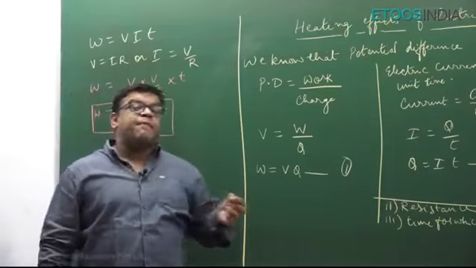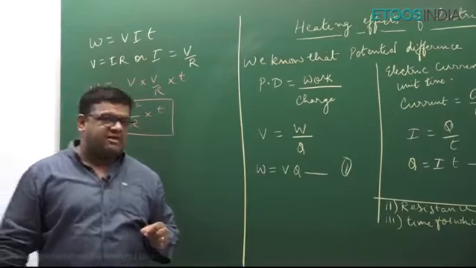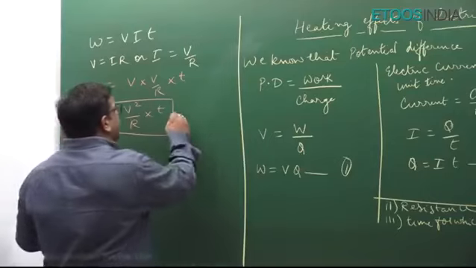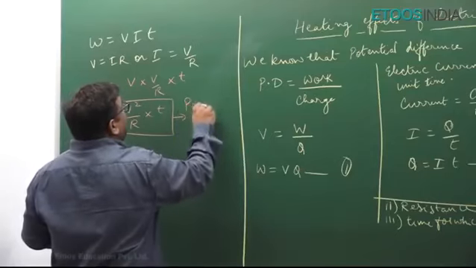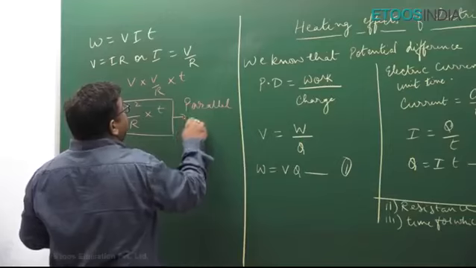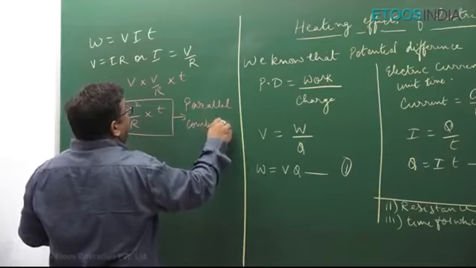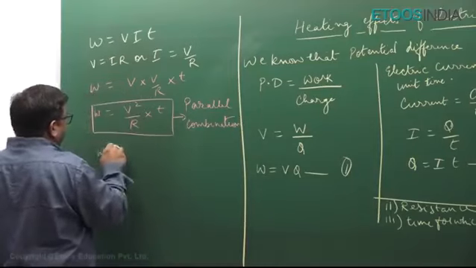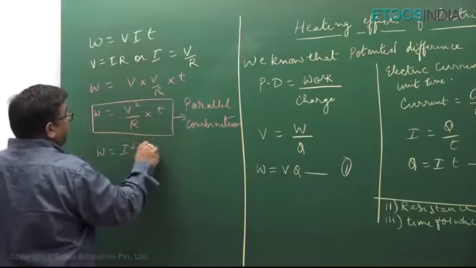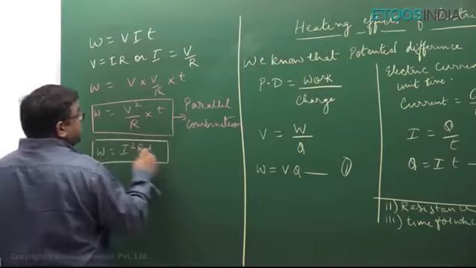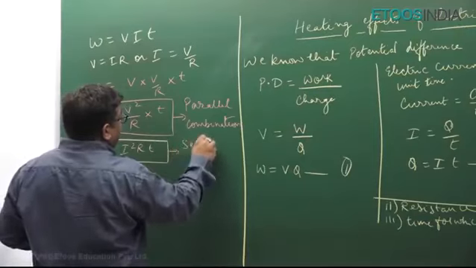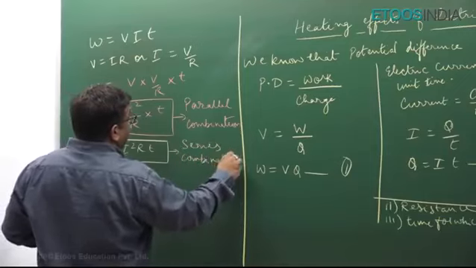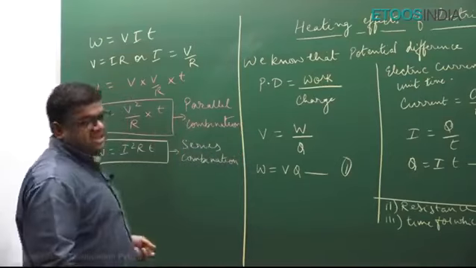Now, since in parallel combinations we know that potential difference is the same, this formula is used in parallel combinations, while I square RT is used in series combinations.